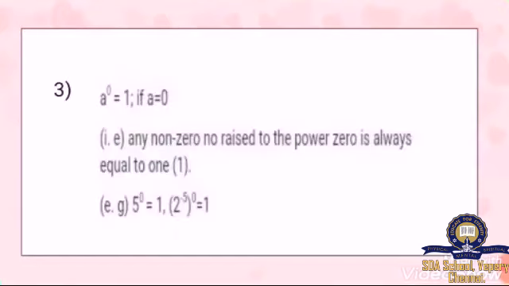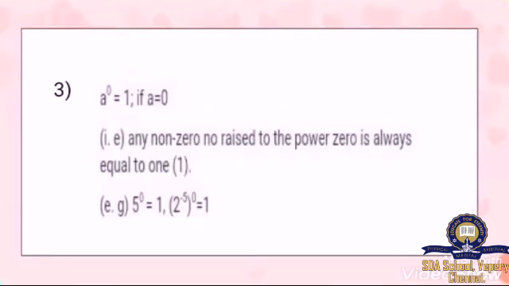Let me move on to the next rule. The next rule is a to the power 0 is equal to 1, if a is not equal to 0. According to this, if a is non-zero, then a to the power 0 is equal to 1.